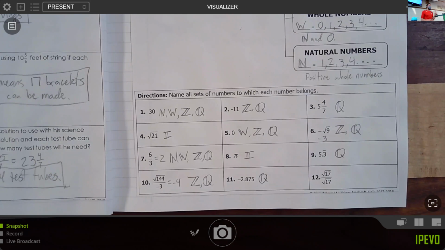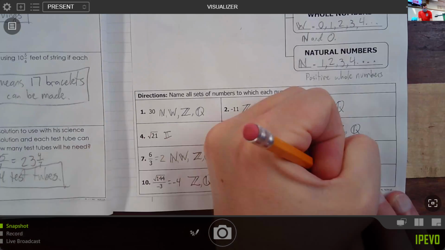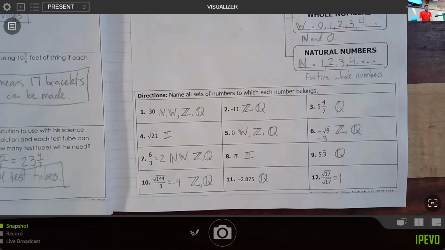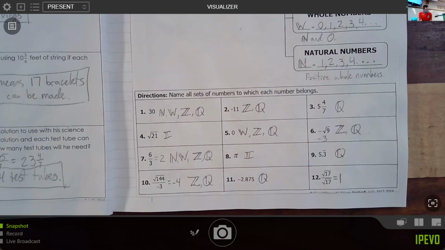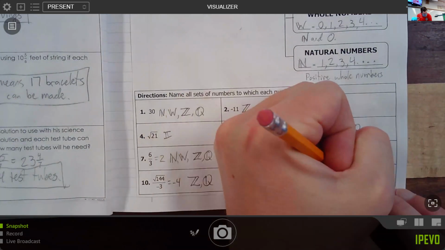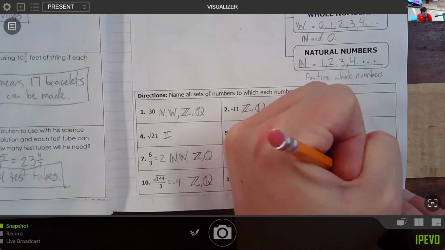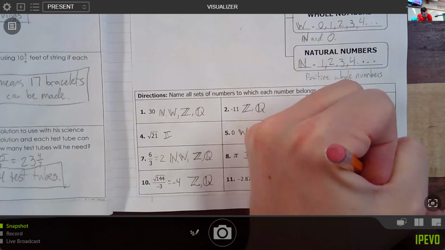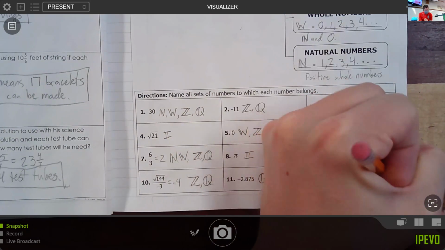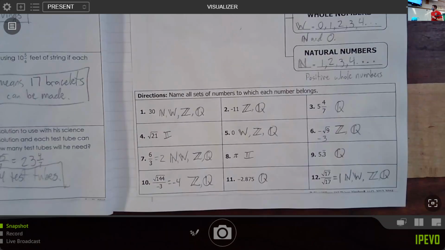Anything divided by itself, even if it's 2 irrational numbers, the answer is still 1. Unless it's 0 over 0, I should say. But we get 1 for that, which means it's natural, whole, integer, and rational. That one's a little bit funky. So natural, whole, integer, and rational. All right. So far, just categorizing some things.